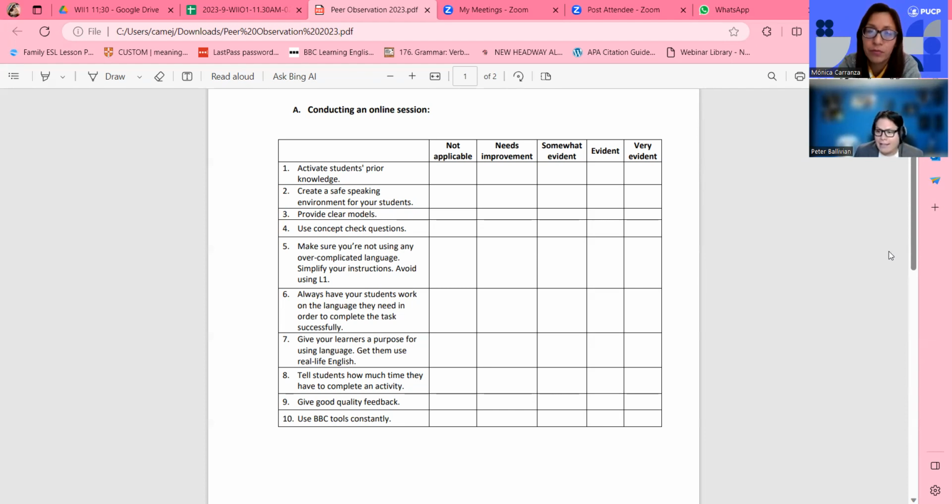And another thing that I would highlight is the use of the target language, which is something that I am struggling with because my English 3 class are real beginners, and they have this tendency to translate and to use Google and translators. Even though I tell them every single session to avoid that, I'm still struggling with it.